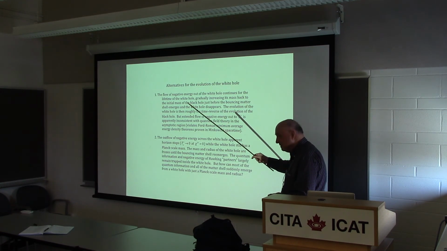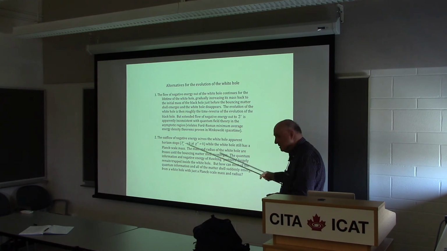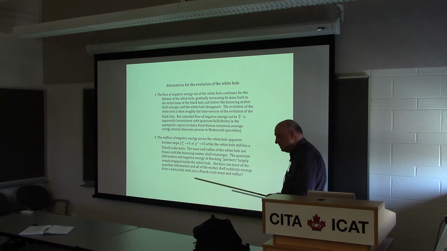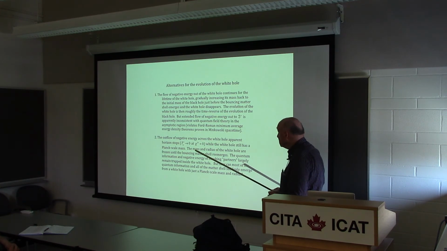At that point, the mass of the white hole is essentially the same as the original mass of the black hole when it was just first formed. And so the positive energy.